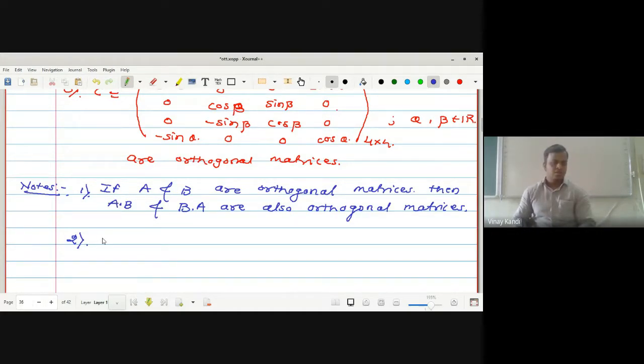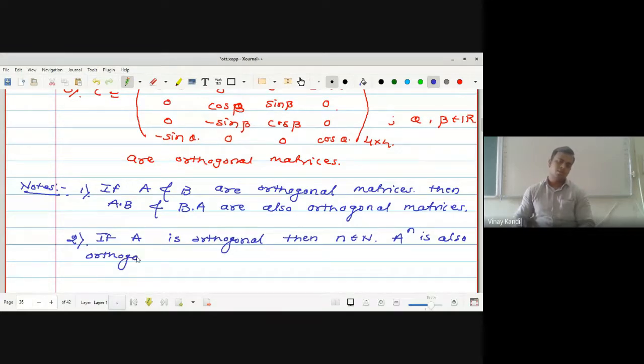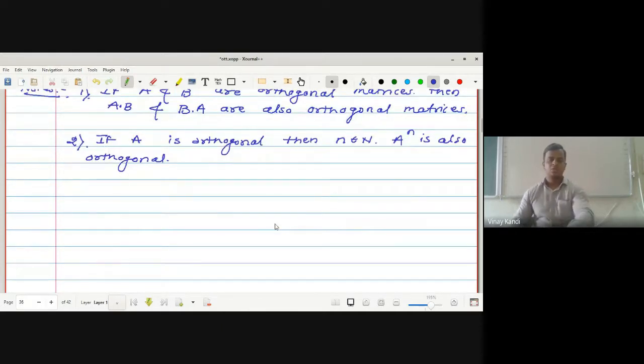Now the second note: if A is an orthogonal matrix, and n belongs to N, n being any natural number, then the matrix A raised to the power n is also orthogonal. This is note number 2. Any doubt up to here?